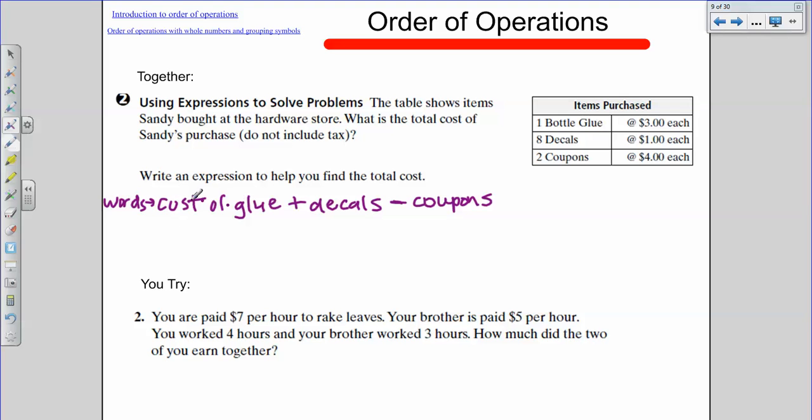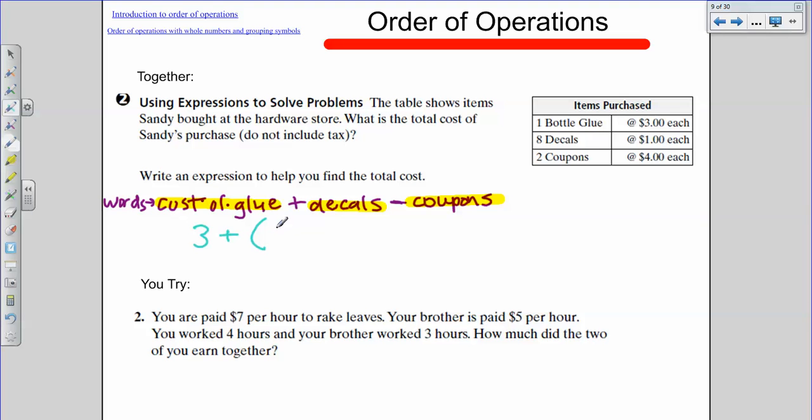Now I'm going to put my words into numbers. Okay, so cost of glue is, I bought one bottle of glue at $3. So that's going to be $3 plus 8 decals at $1 each.